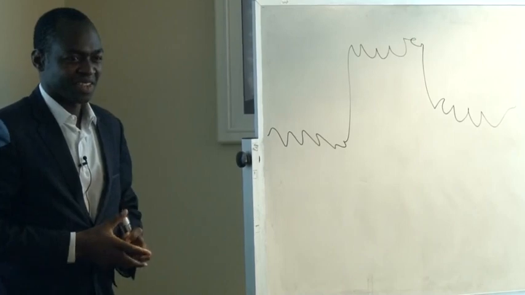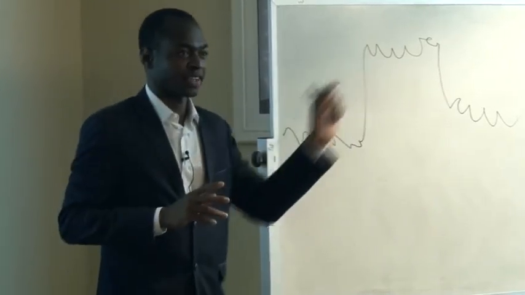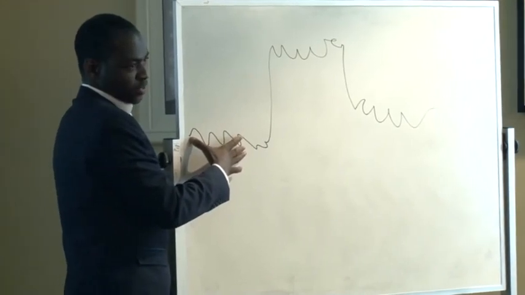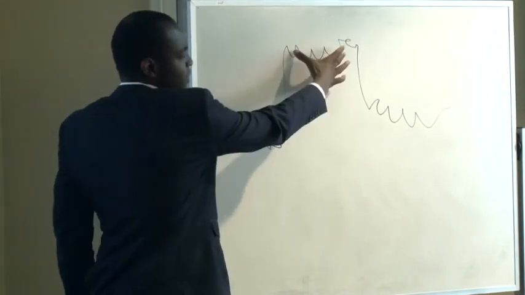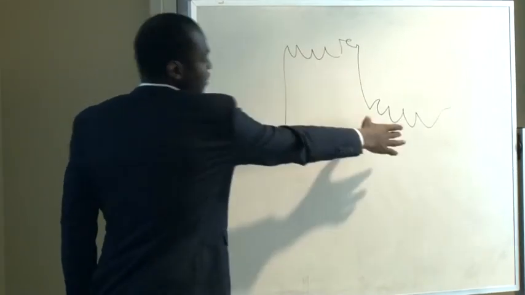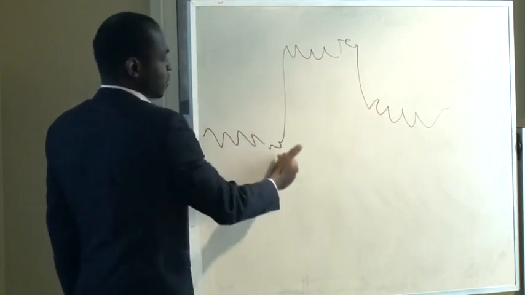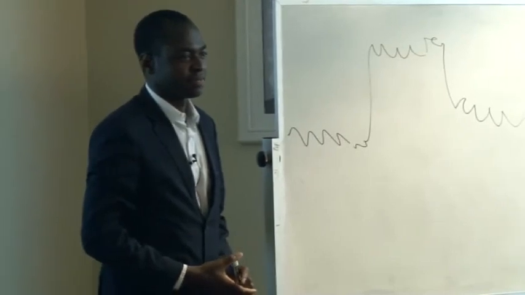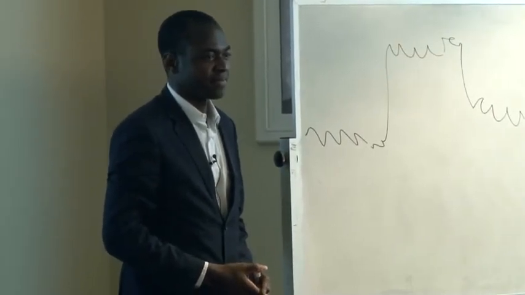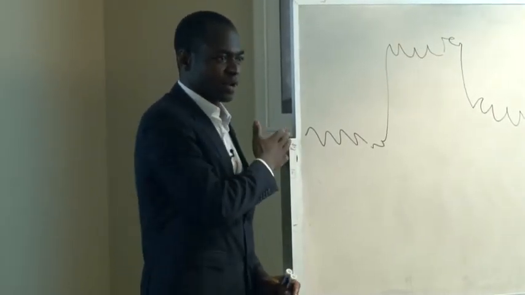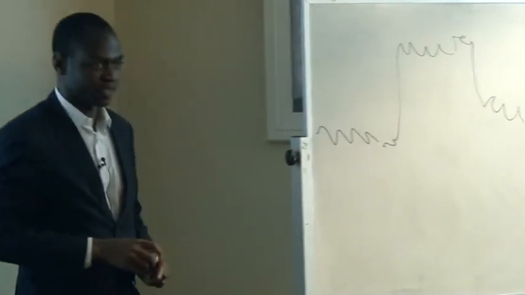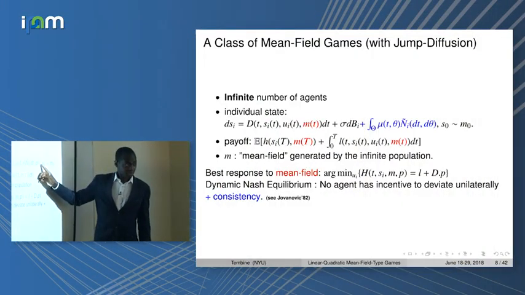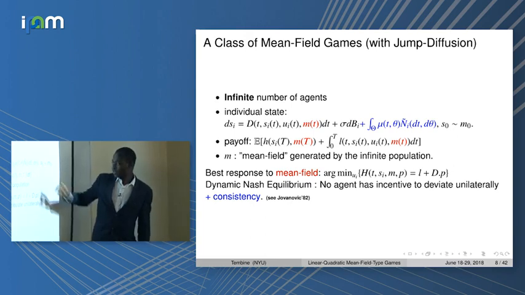Half an hour is enough to observe this type of thing. So you want to say this can be captured with Brownian motions, this other as well. But this type of larger jumps, you want to capture with Poisson. So that's the reason why we are interested. There is a motivation behind it. It's not just to do a theory. So we add these Poisson jumps to model this type of situation.